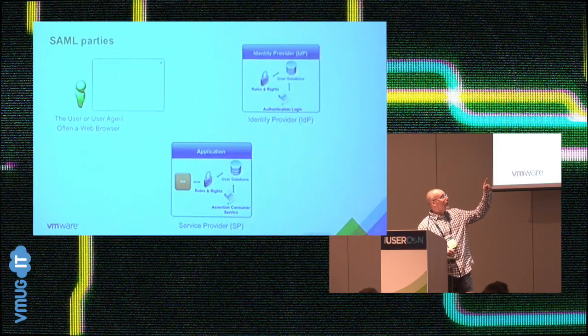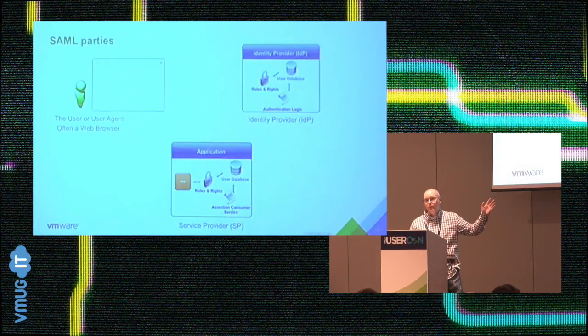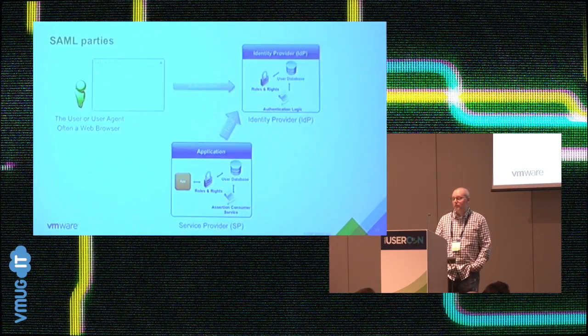The identity provider, as in my previous examples, is referred to as identity provider. Why I listed it here is because all the other standards obviously made up their own names for the identity provider. And then we have the service provider. The service provider is actually the application. The application trusts the identity provider.